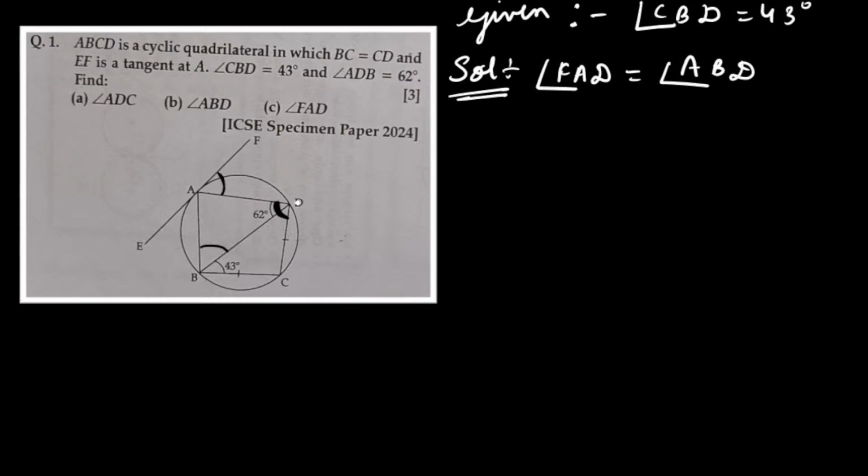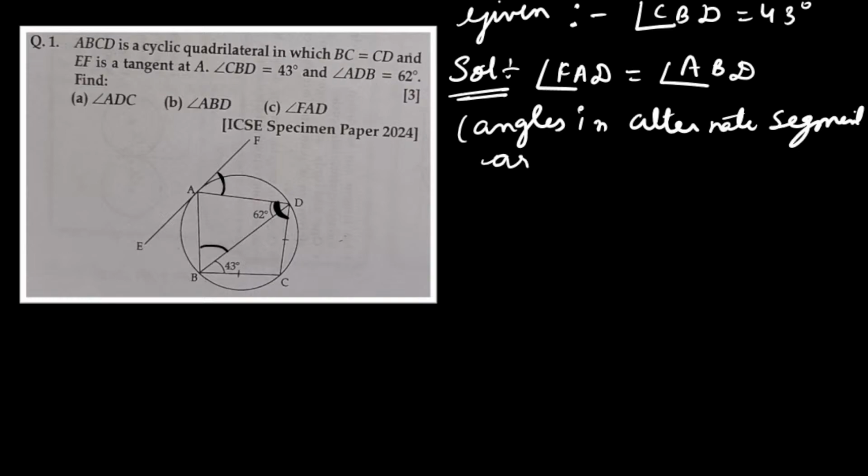Angle FAD and angle ABD are equal, since angles in alternate segment are equal. That means if I find FAD, ABD can also be found.